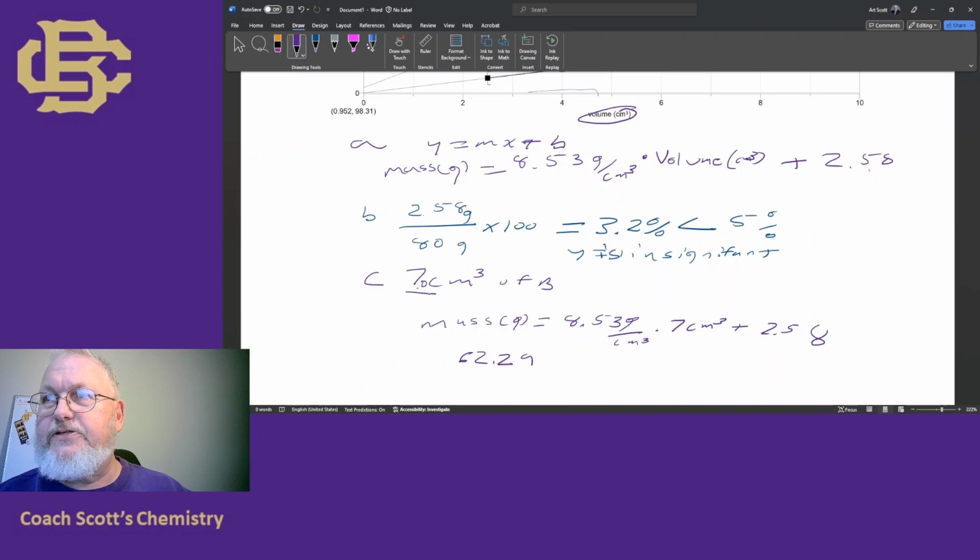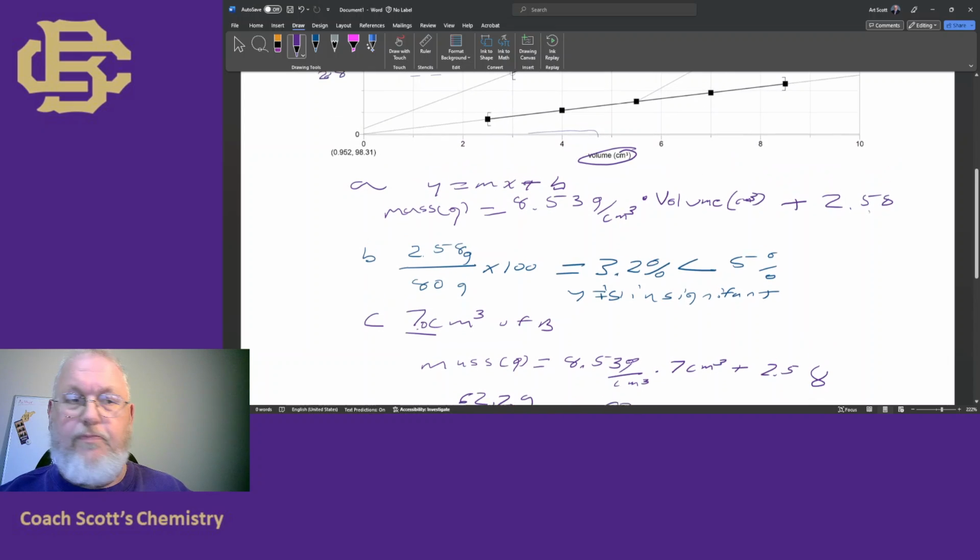I've got 2 sig figs there, 3 sig figs there, 3 sig figs there. So I'm going to go with 2 sig figs. I'm going to round to two significant figures, 62. That 2 is not going to round, it'll just stay where it is. So it'll be 62 grams.